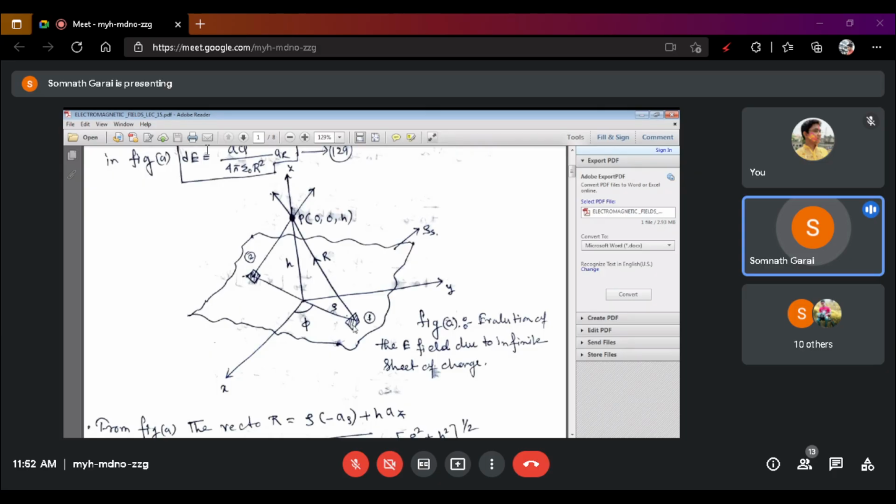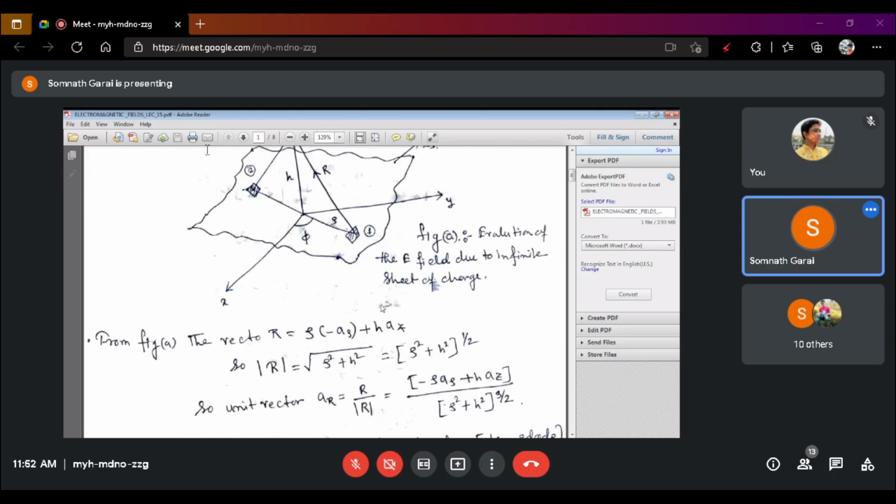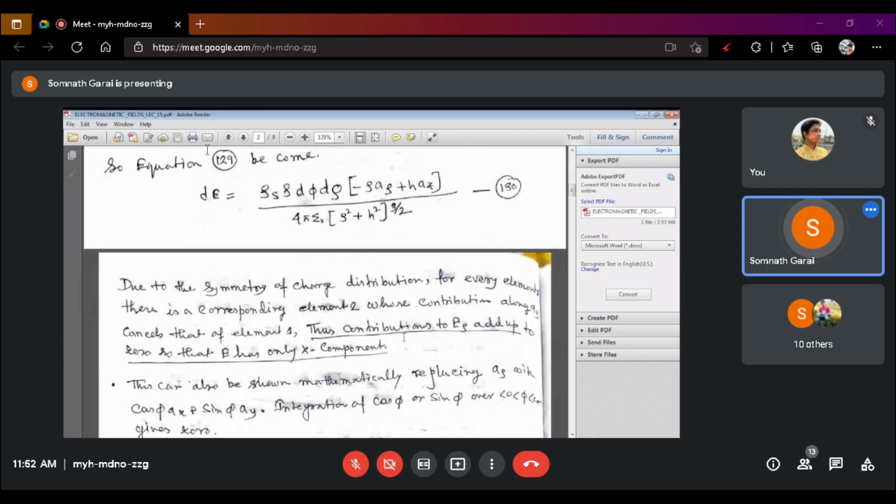Because along the rho direction there are equal and opposite charges on the other side. That charge along the rho direction counteracts the opposite charge. Due to this symmetry of charge distribution, for every element 1 there is a corresponding element 2 whose contribution along the rho direction is cancelled.